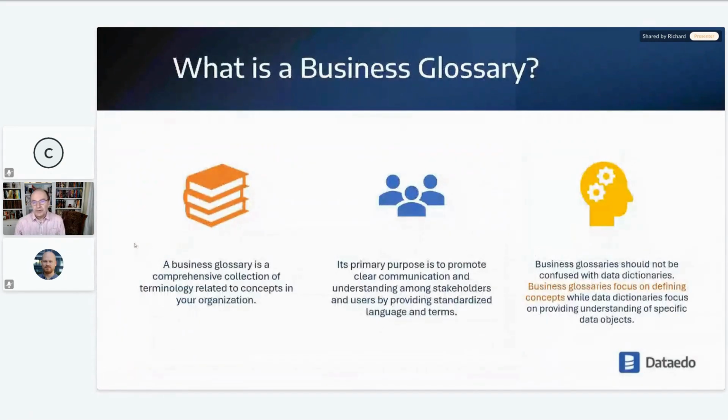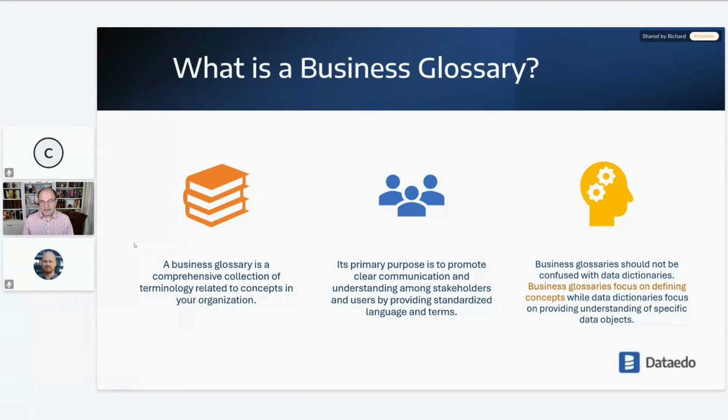All right, so if we define a data catalog as the combination of a business glossary and a data dictionary, of course, we need to ask the question, what is a business glossary? And we'll get to what is a data dictionary in a second. A business glossary is a collection of concepts, terminology, terms and definitions for concepts that you use in your organization.